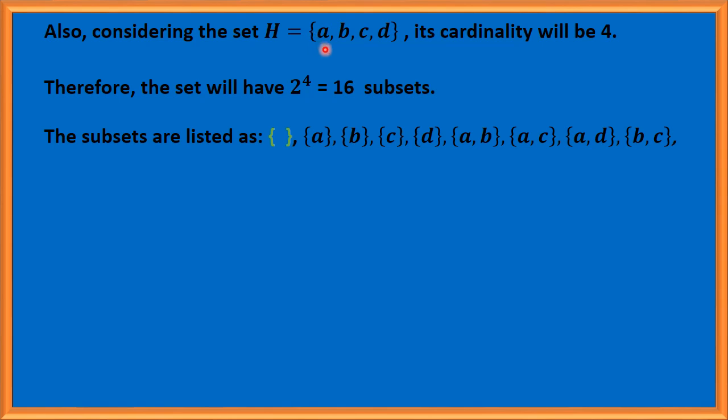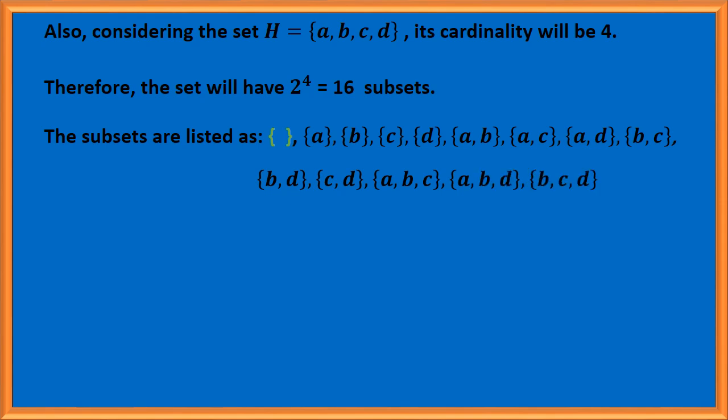Then when you combine any two, you will get a subset. When you combine any 3, you get a subset. So combining two, we have AB, AC, AD, which is here. Then we also have BC, BD, and CD.